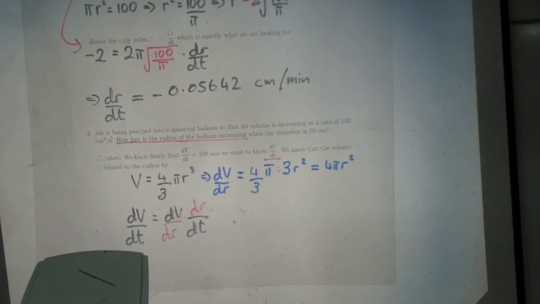Just a small little insight for you. Looking back at the circle, you differentiate the area, you get 2 pi r. What's 2 pi r? Circumference, the length around.